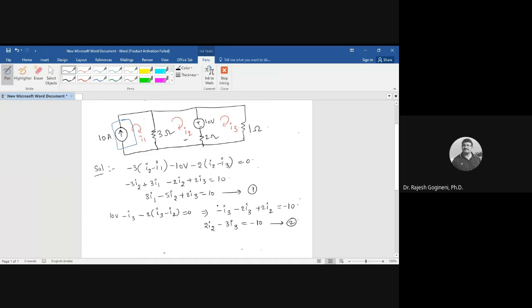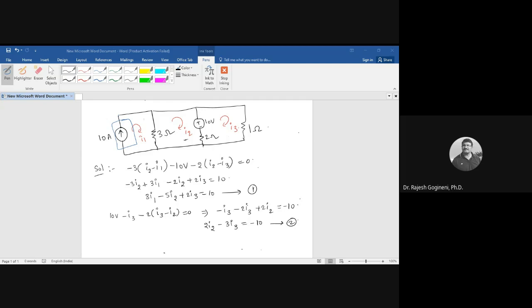So what is the I1 value from the first loop? As per super mesh analysis, we have neglected the first one, but we will get a relation from the current source. What is the I1 value from the first loop?